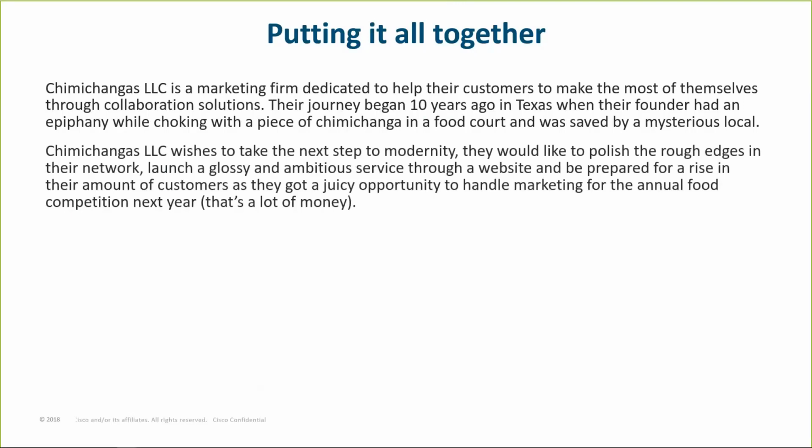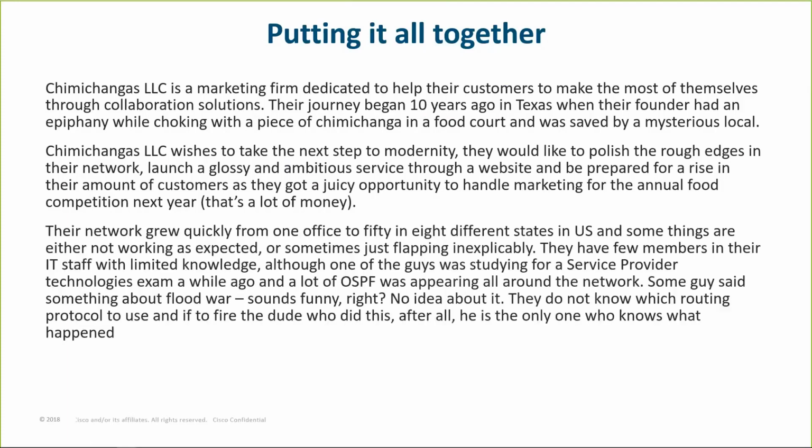We have information about them having a goal. They want to do something. They want to take the next step to modernity. They want to optimize their network. They want to have a new application, or they are going to prepare themselves for a new service, right? And was their network prepared for this, or maybe it wasn't?